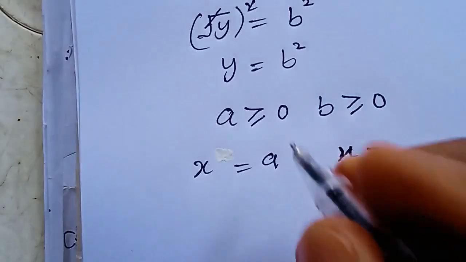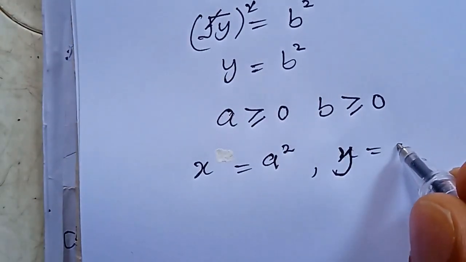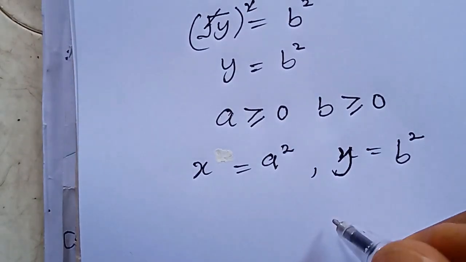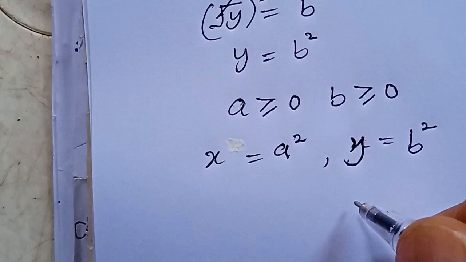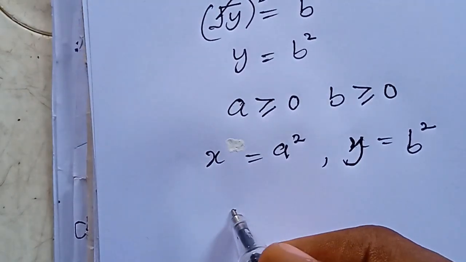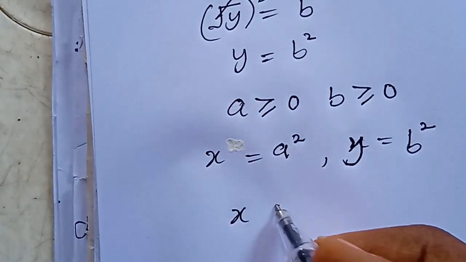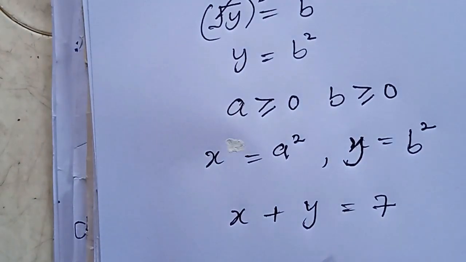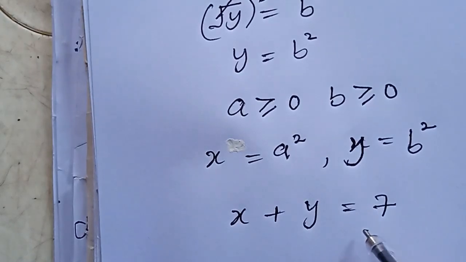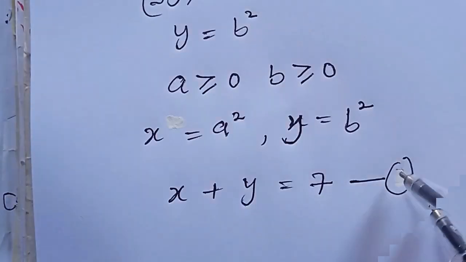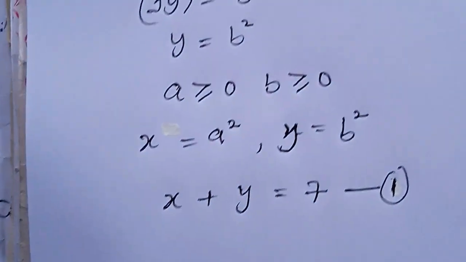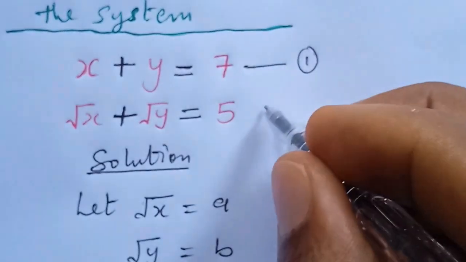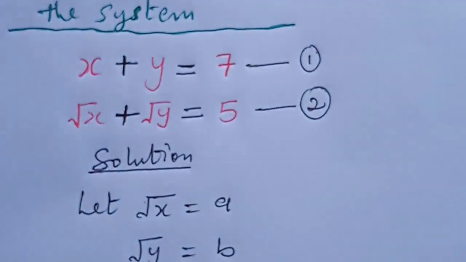Since x equals a squared and y equals b squared, we substitute this into our original equations. From our previous system, this is going to be equation 1 and this will be equation 2.